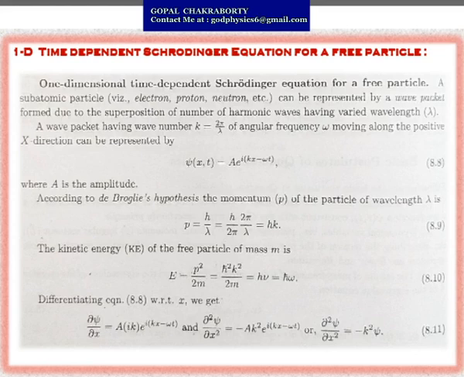Now taking the second order derivative with respect to position, you get del 2 psi del x square equals minus a k square e to the power i(kx minus omega t), because i square gives you minus 1. So ultimately del 2 psi del x square equals minus k square psi. That will be represented by equation number 8.11.